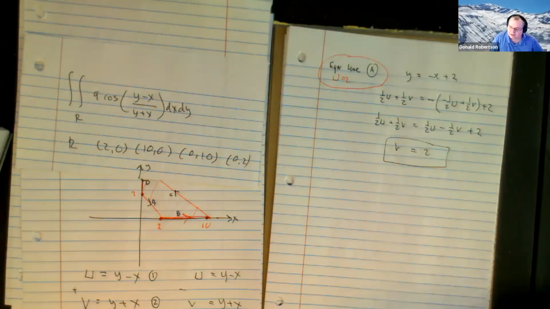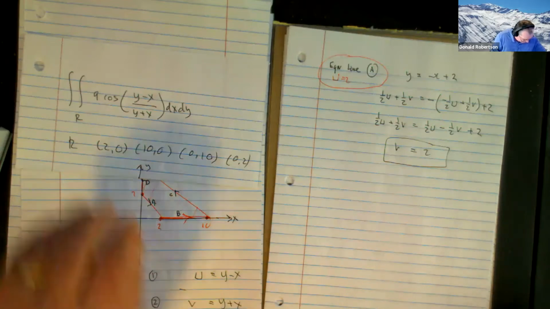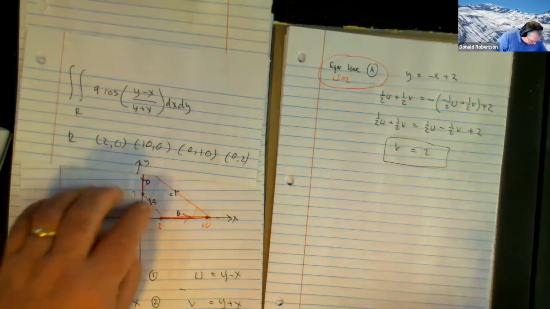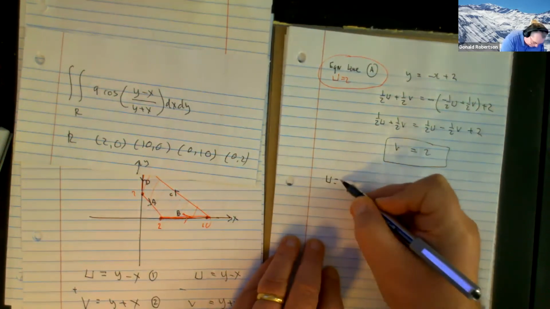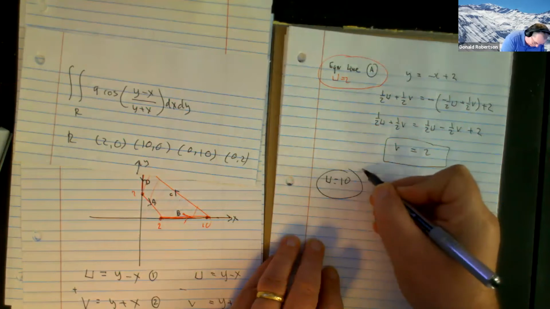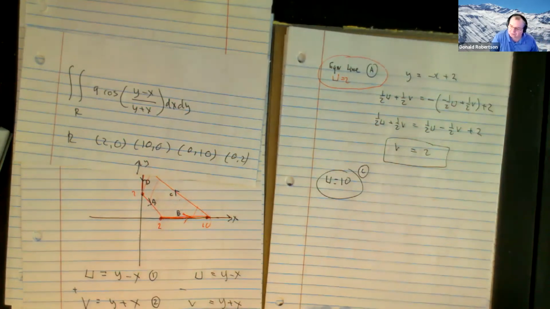Are we good? Now, do you know there's 3 more lines? And I am running short of time. So can I tell you that when I do line C, I end up with u equals 10. That's from line C, but you can check it.